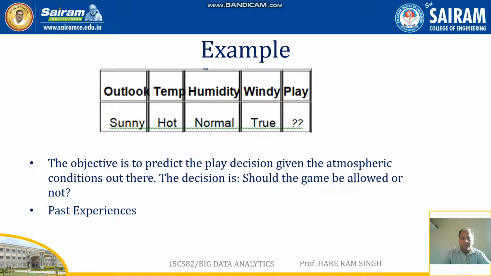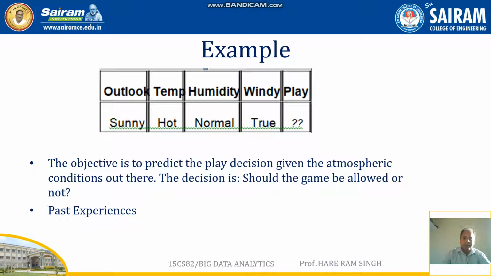Let us study this decision tree with one example. Suppose we have a situation in which we have different variables like outlook, temperature, humidity, and windy, and with these parameters we have to decide whether a particular game should be played or not.